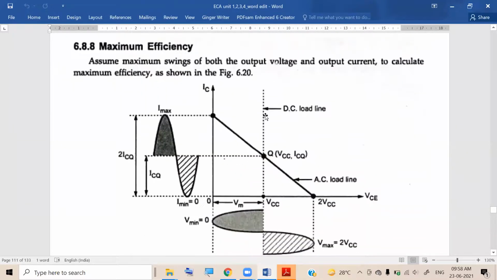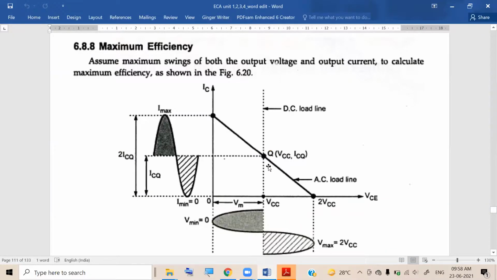Then what we did, we discussed that because the DC resistance is 0, we have the load line parallel to the y-axis. The DC load line is simply parallel to the y-axis at VCC.